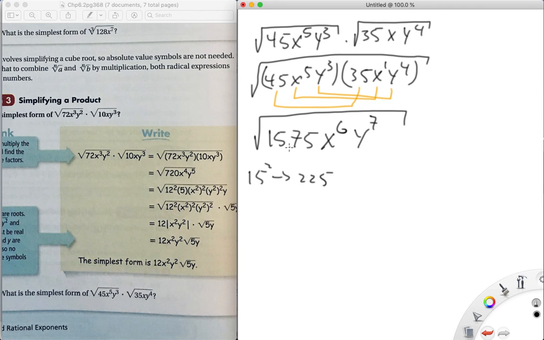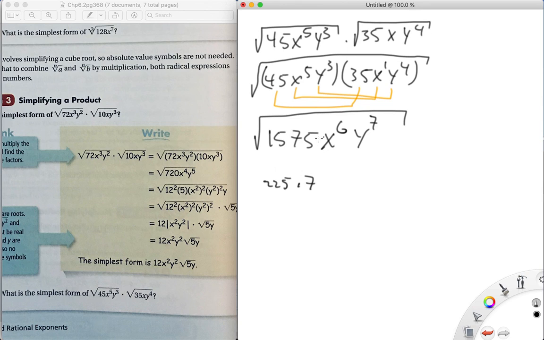So I'm going to separate the 1575 into 225 times 7. Okay, 225 times 7.